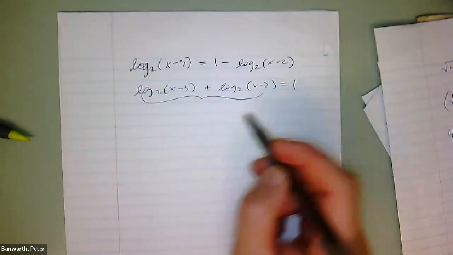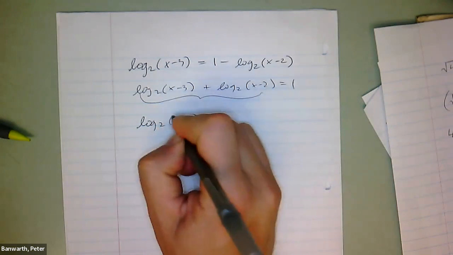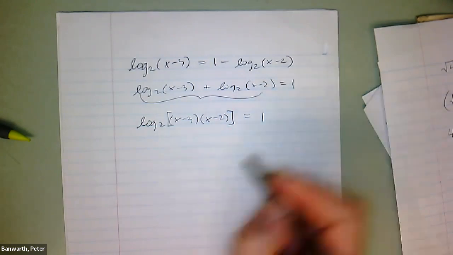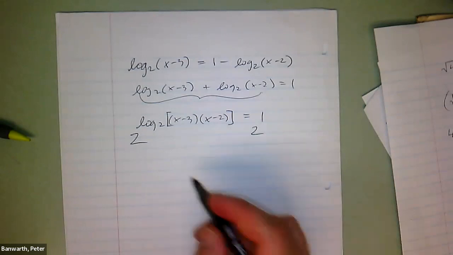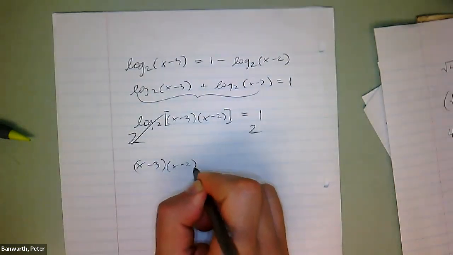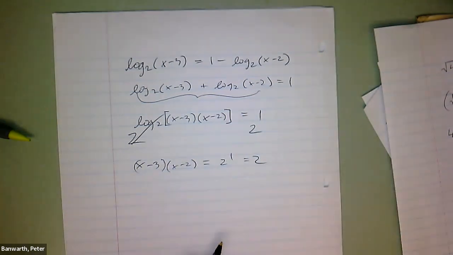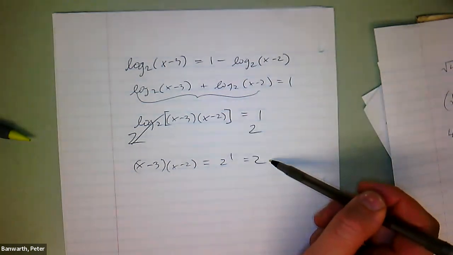Using our log rules, we can combine those into log base 2 of x minus 3 times x minus 2 equals 1. Since it's a log base 2, if I put them both in the exponent on 2, those cancel, and I get x minus 3 times x minus 2 equals 2 to the first, which is 2. And I've turned a log equation into a quadratic.